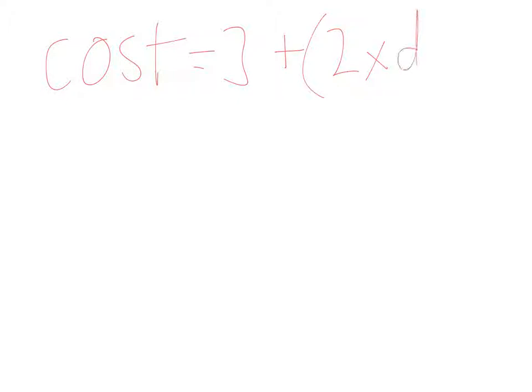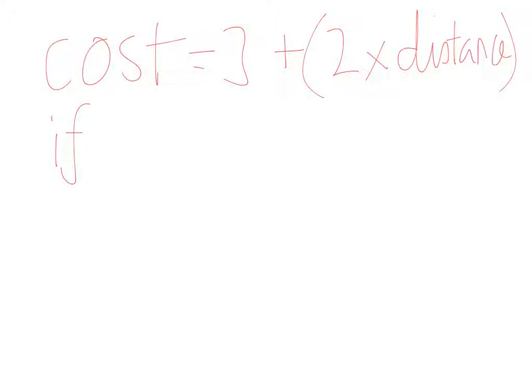So we have this. The next step is the process. The cost is going to be equal to $3 for the first mile plus 2 times the distance that we are travelling. That's the same for every taxi journey.